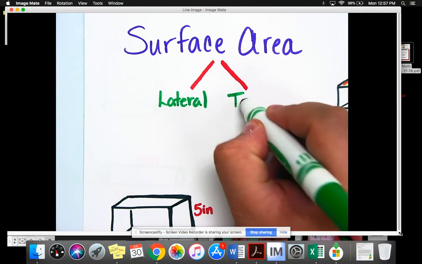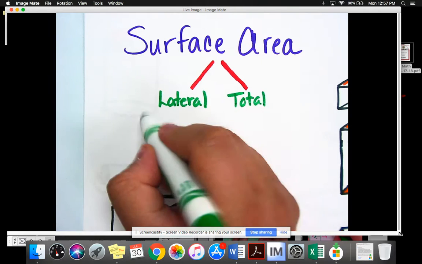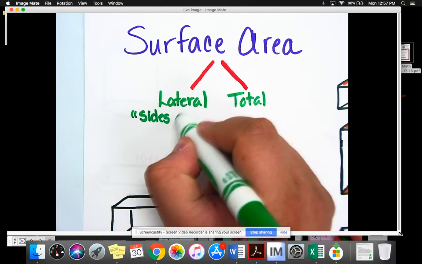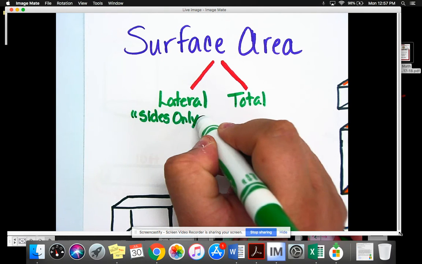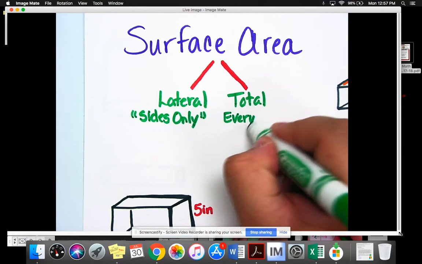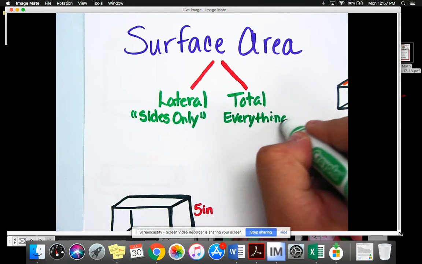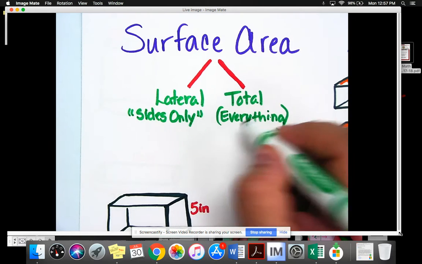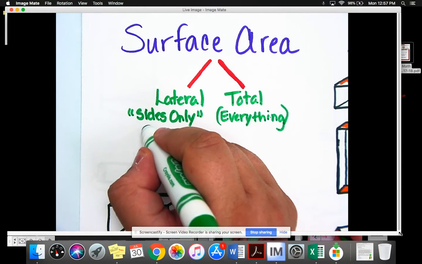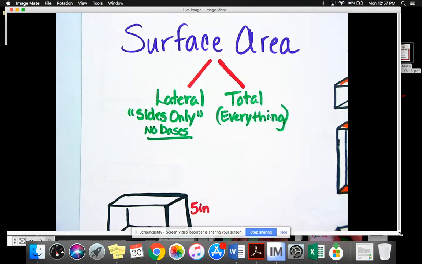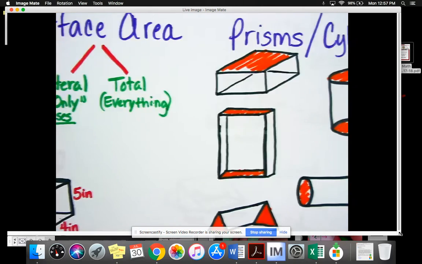Lateral is sides only, no bases. And total is everything. The more you write it, the more likely you are to remember.